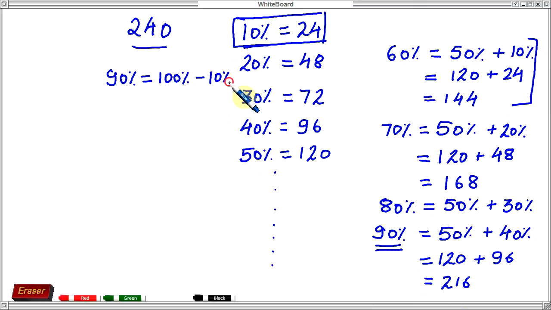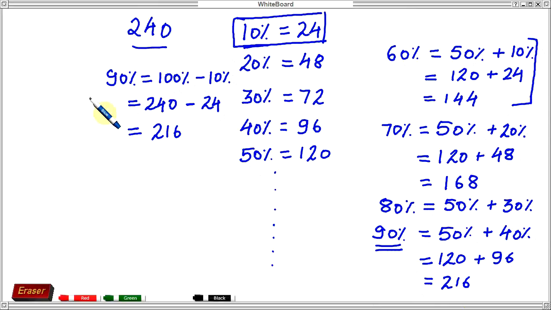That is, I am taking out 10% from my 100% of the number and I am left with 90%. Now this is much easier, isn't it? Because 100% of the number we already know as 240 and 10% is 24. So I just subtract 24 from 240 to obtain the answer as 216, isn't it?